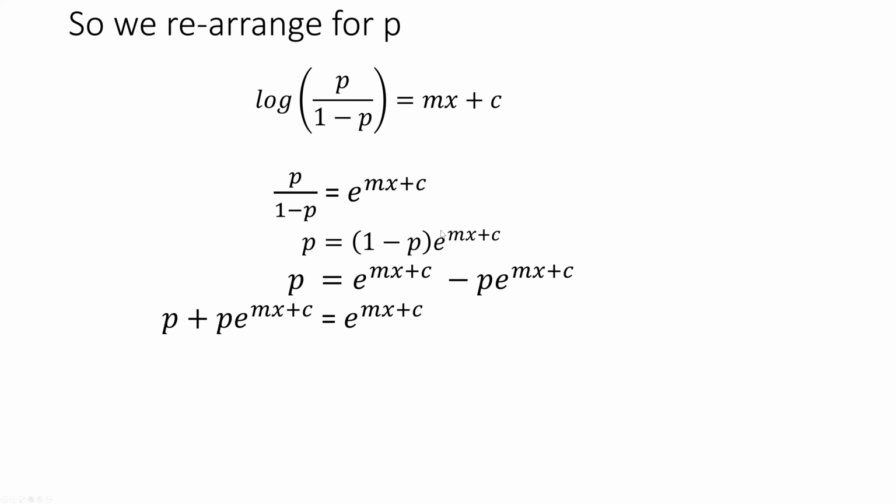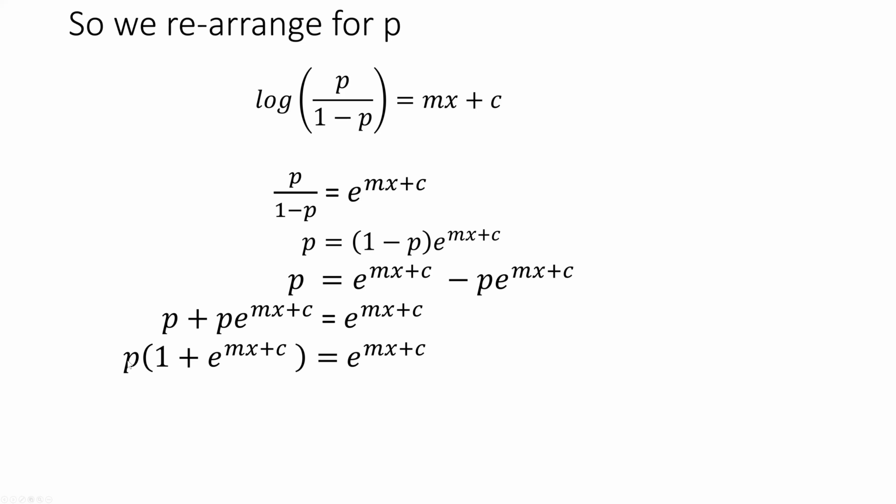Then we can take this term on the right over to the left-hand side. So we're getting there now. If we add this to both sides, we get this. And then we can factorize this as well. Again, a bit of GCSE maths coming in. We've just collected the p's on the outside of the bracket.